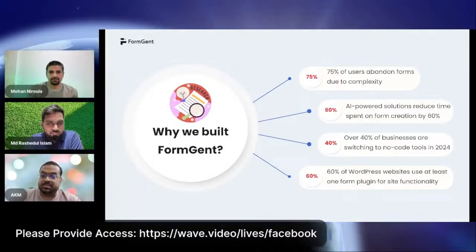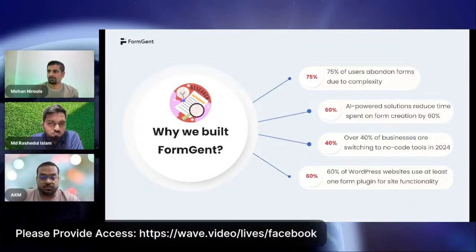Did you know that 75% of users leave forms incomplete? That's a huge problem for today's data-driven business. At the same time, creating forms can be a real headache. It takes time and effort and sometimes requires some technical skill. Studies show that AI-powered tools like FormGent can save up to 70% of the time needed to create any form.